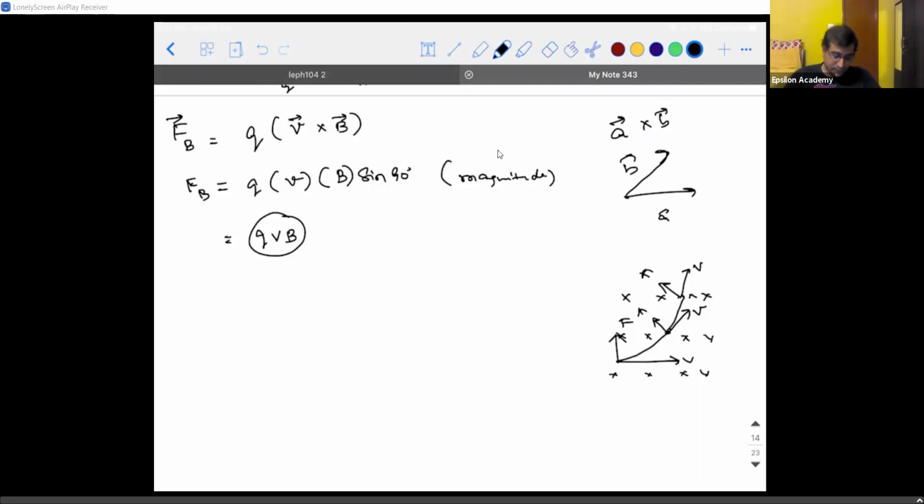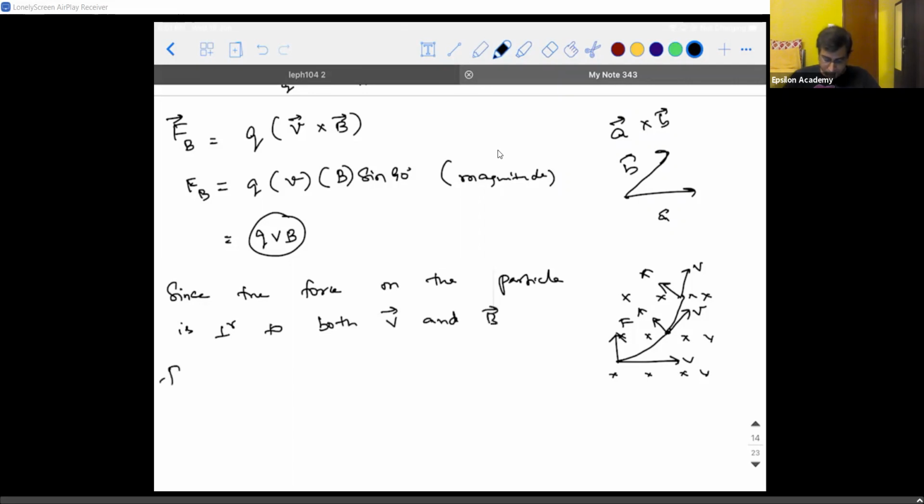So since the force on the particle is perpendicular to both v vector and b vector, the particle starts moving in a uniform circular motion.